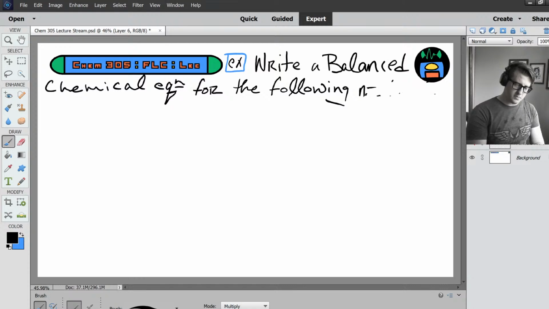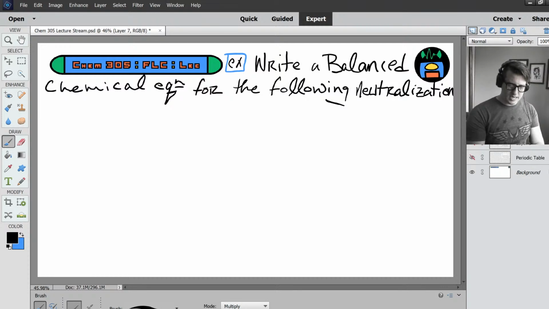Let's sort of write that a little smaller. All right, and the following neutralization is aqueous chlorous acid and sodium hydroxide.